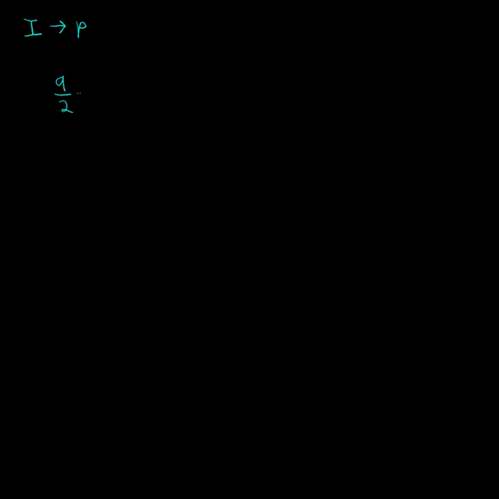It's apparent that we can't simply just get rid of that 9 and make it a 1/2. We have to find a way to keep the value of this the same. So, let's think about this. What is 9/2 equal to in decimal form? Well, if you plug it through your calculator or just run through the division, that would be 4.5.